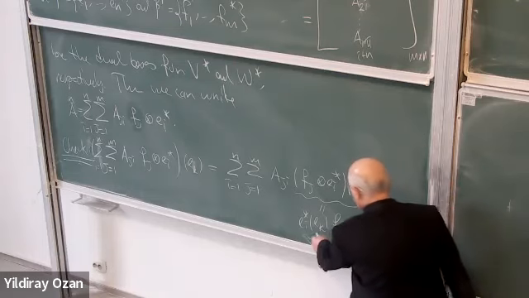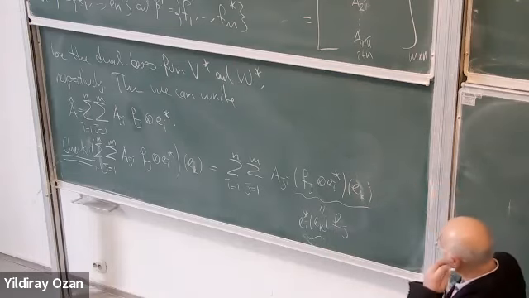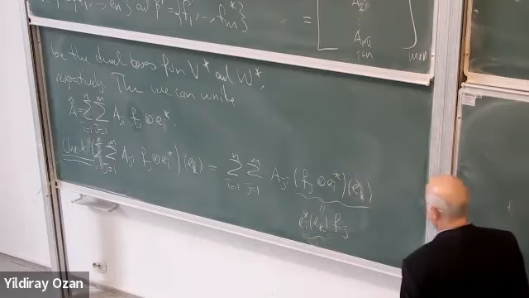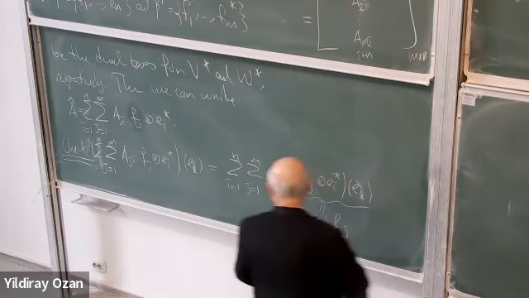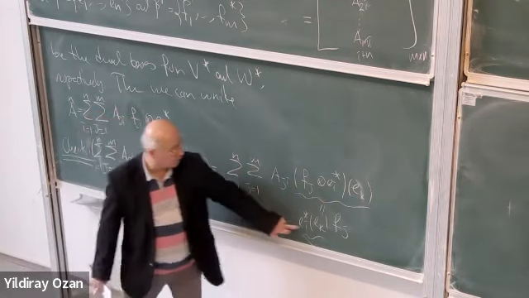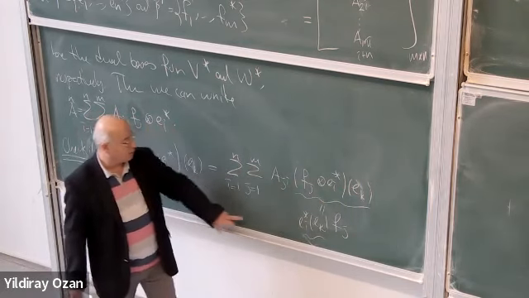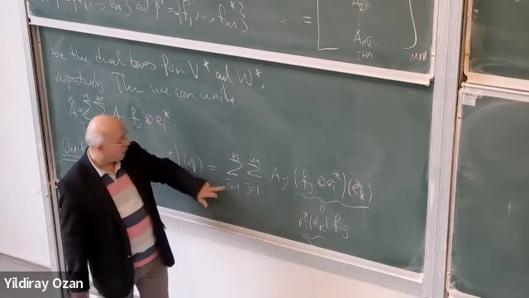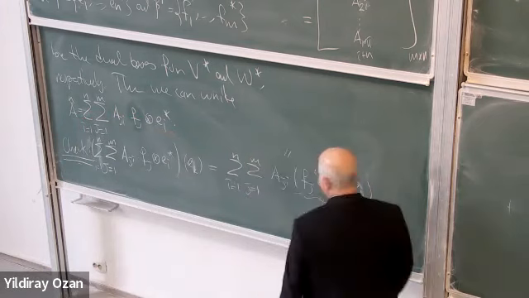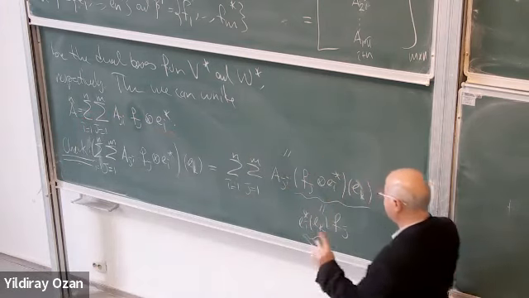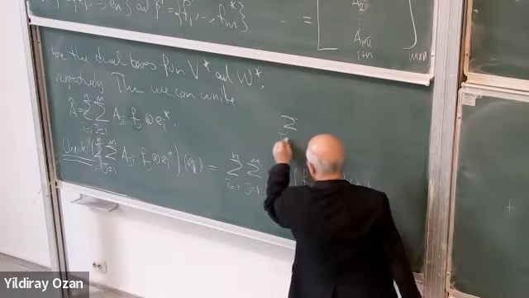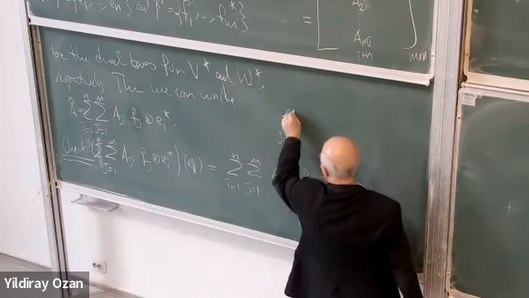And what is this gadget? Well, it is 0 unless i equals k. Therefore, for each i, unless i equals k, this will be 0, and it will be 1 only if i equals k. So there is only one non-zero term, and this is for i equals k. The summation over i just goes away.